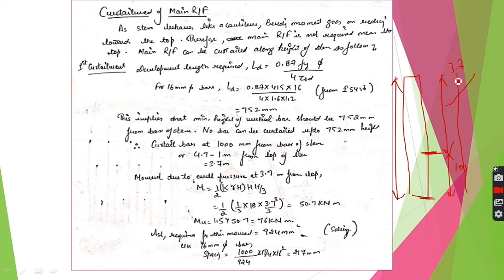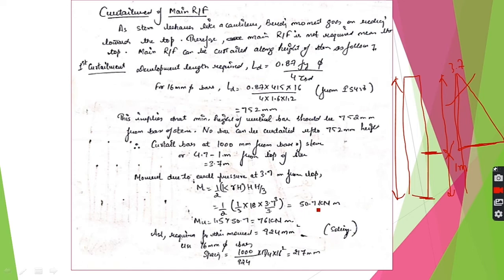So now our earth pressure will act here, and earth pressure at this point will come out to be half Ka gamma h, where h will be 3.7, not 4.7. So we calculate the moment at this point, which is coming out to be 50, and the moment at the base was 150. So you can see in 1 meter height the moment is dropping so much.